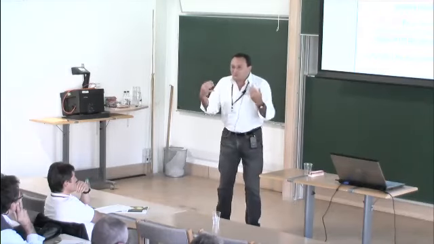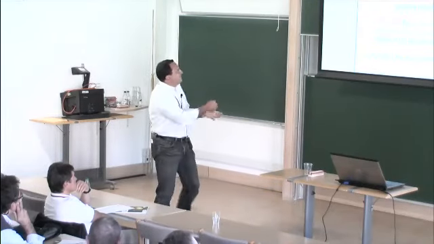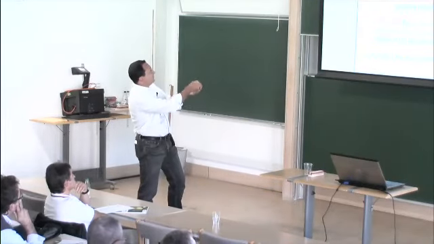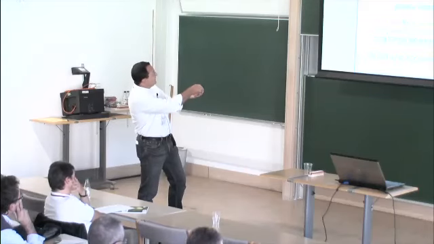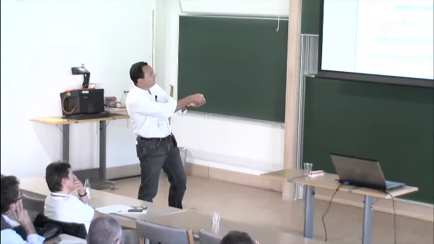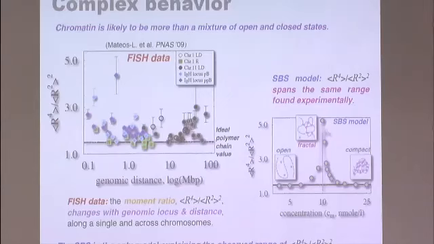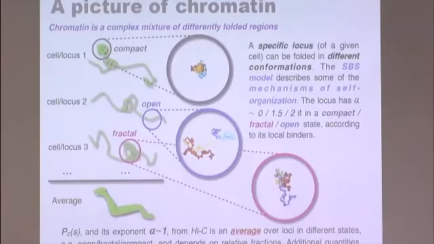And to my surprise, even the scale you measure, remember this is dimensionless, even the scale you measure experimentally is close to the one you have in the strings and binders model. So this stupid model explains also the key quantity, which is the moment ratio. So the picture which is emerging out of this, putting together the data I mentioned and the simple model I mentioned, is roughly this.